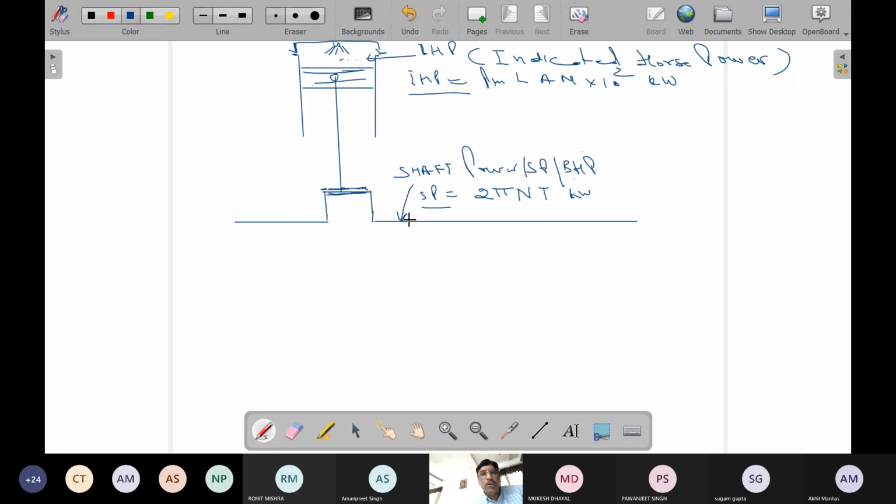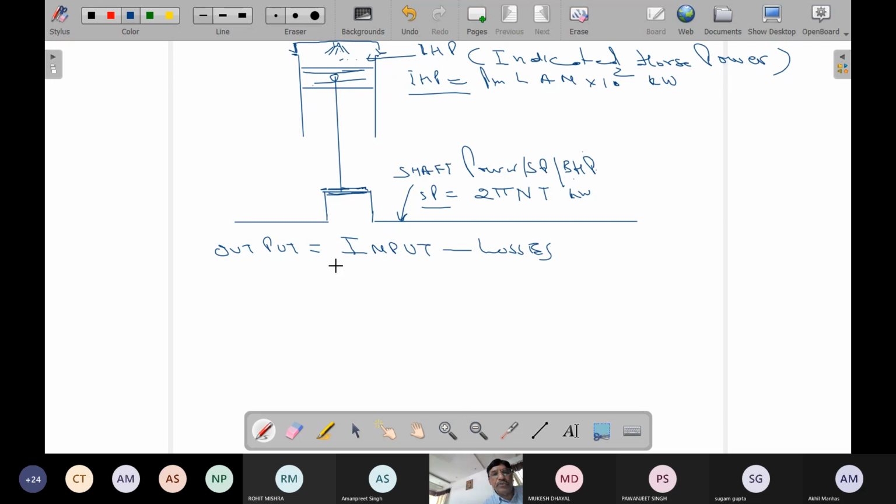Now, this is the output from the engine, correct? So we can say output is equal to input minus losses, correct?